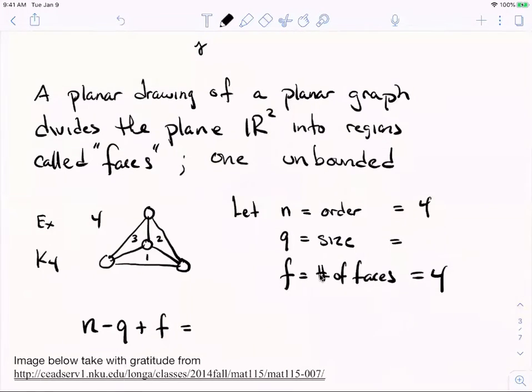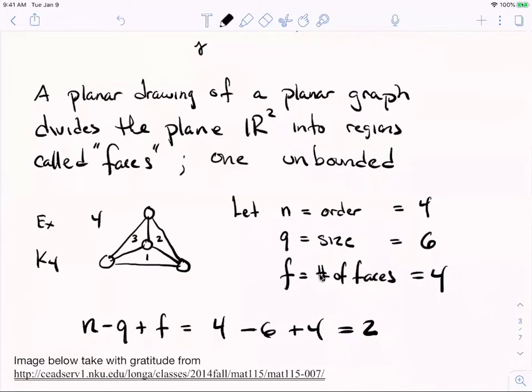The size is 6. Pardon me, it has 6 edges, it doesn't have 4 edges. I was talking too fast here. There's 1, 2, 3 right there, and 3 more right there, and 3 plus 3 is always 6. Okay, good. So this is sort of a random thing to do, but look, if we take the number of vertices, the order, subtract the size, and add the number of faces, we get 2.